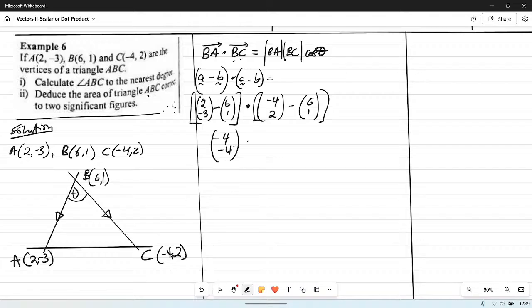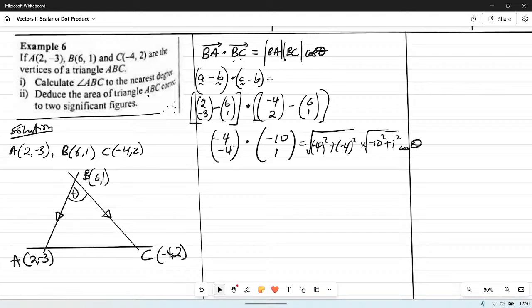This part is (-10, 1). Right? Let's do the dot product. And we can continue with the other one. The magnitudes are the square root of (-4) squared plus (-4) squared, times the square root of (-10) squared plus 1 squared, times cos theta. So the dot product gives you 40.